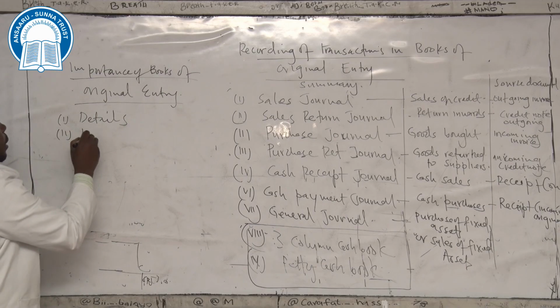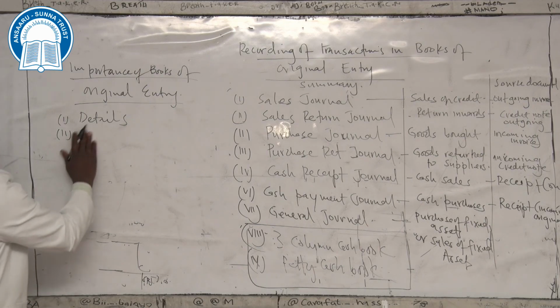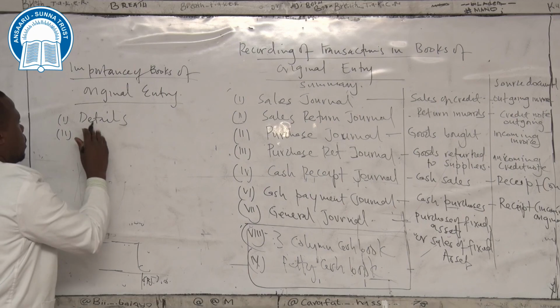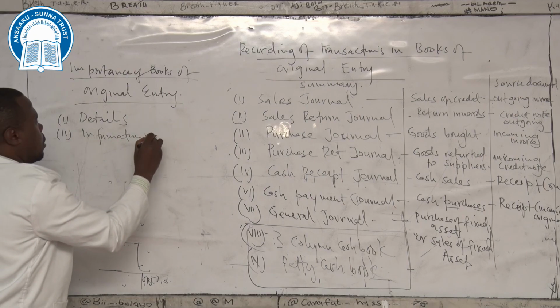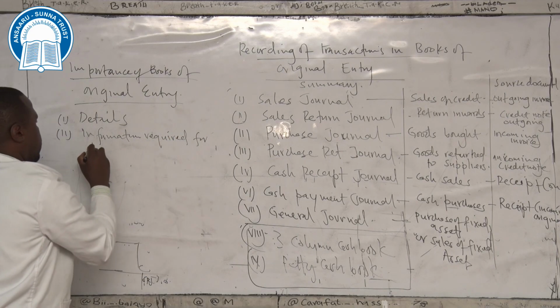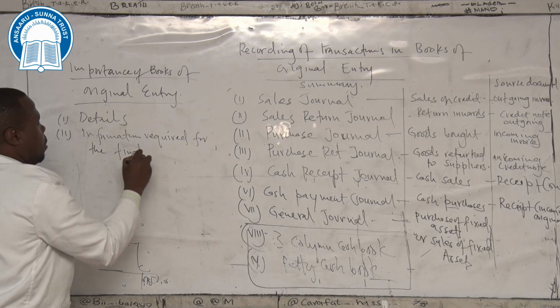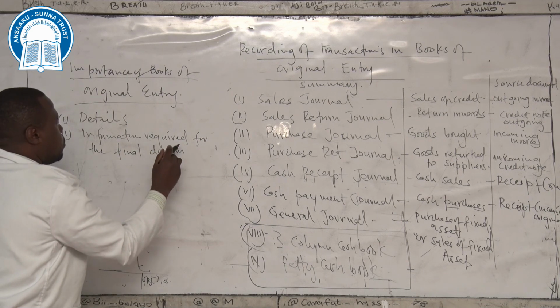Secondly, the books of original entry will give you information required for the final accounting document.